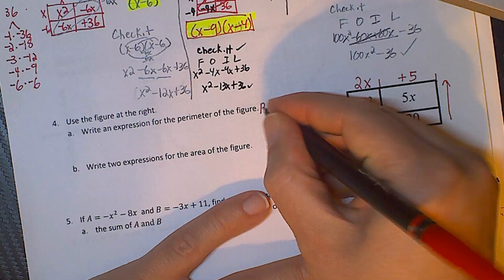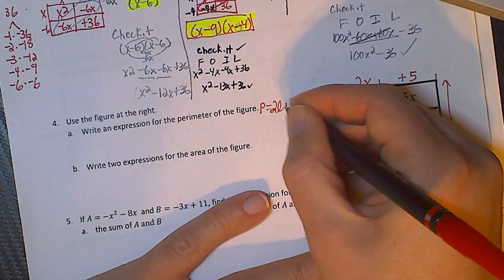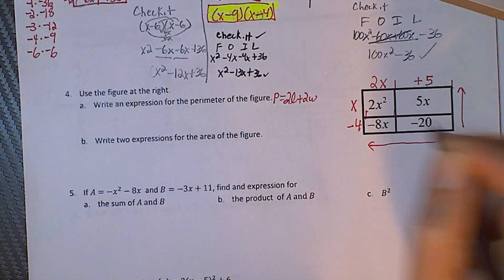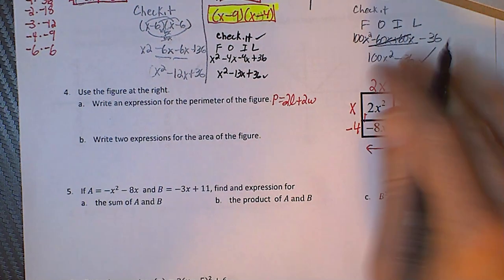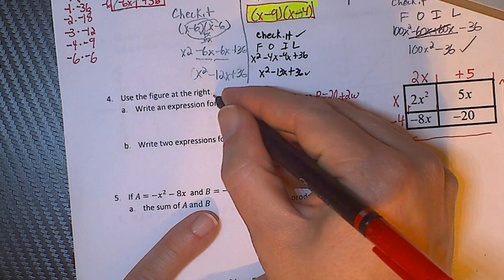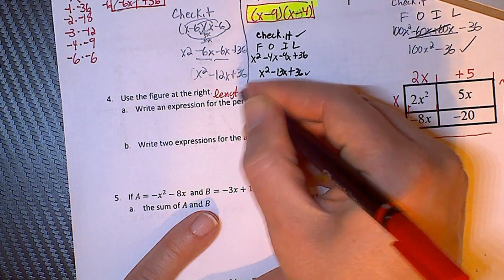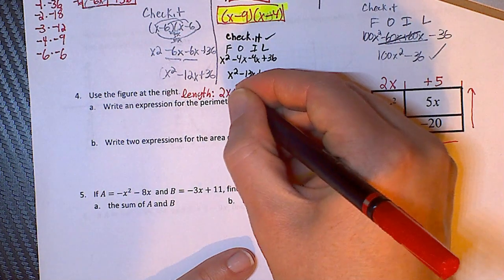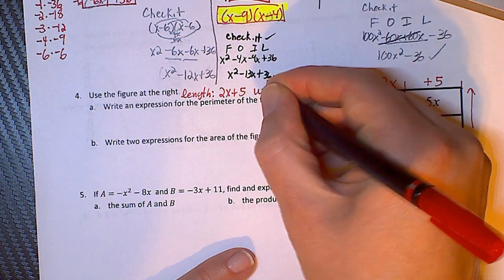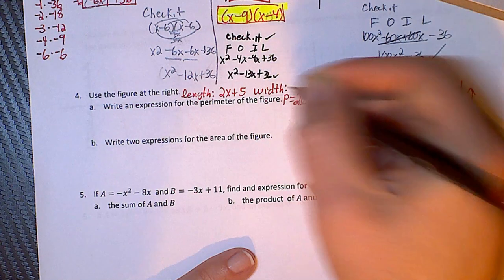So 2x times negative 4. Alright, perimeter: 2 times the length plus 2 times the width. The length of the rectangle is 2x plus 5. The width, I always call that the right side.